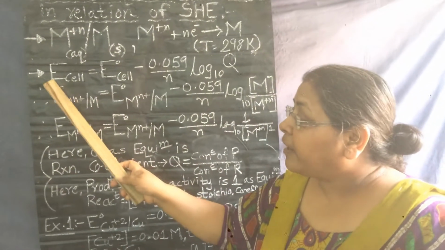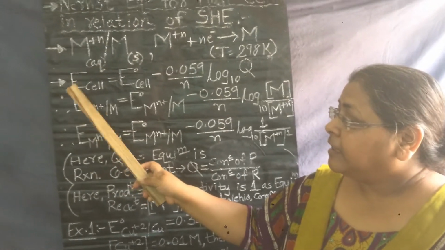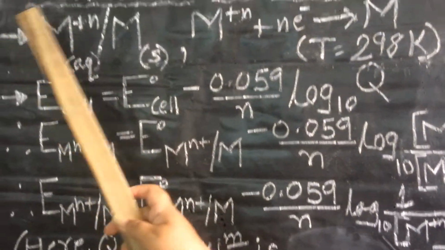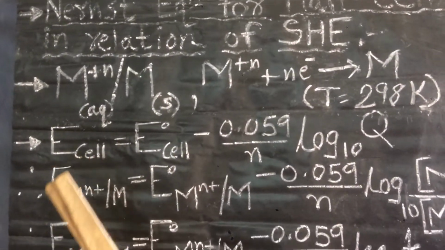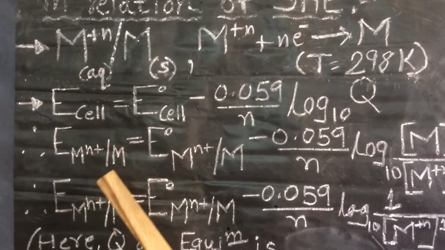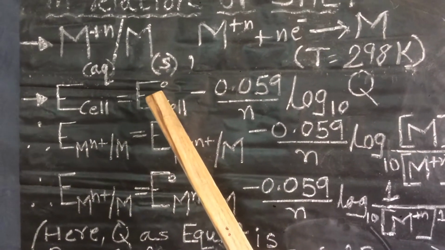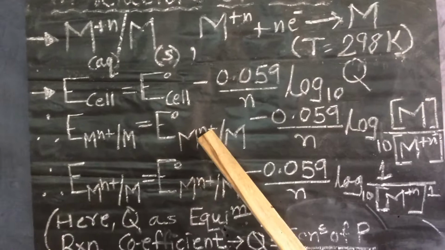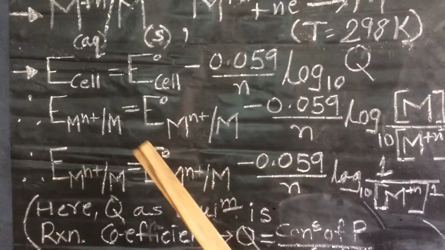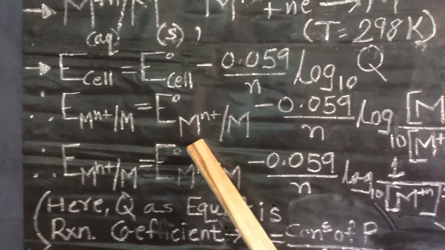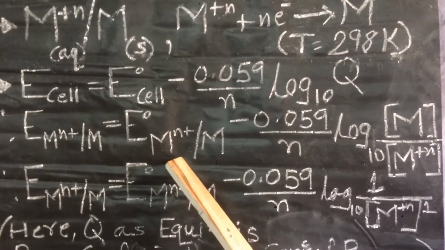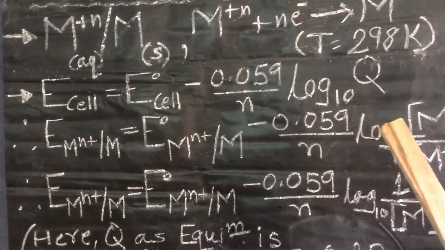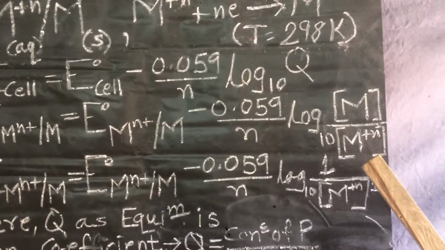Here, to find the cell potential, see that the degree sign is not written, it means non-standard. So for the half cell, the potential for M^n+/M is equal to the standard potential of this half cell, E degree for M^n+/M, which we get from the tabular form of reduction potentials, the electrochemical series, minus 0.059 upon n log M by M^n+.